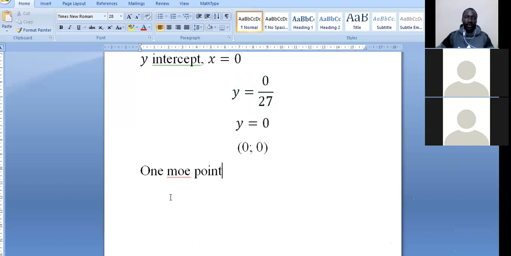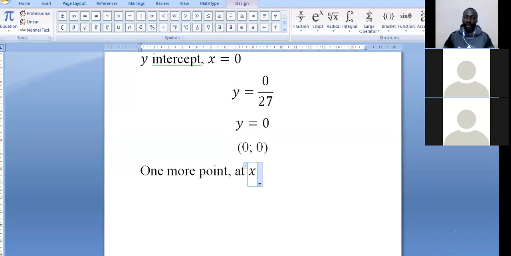We just choose, let x equal 4. So we say at x equals 4, just choosing any point.